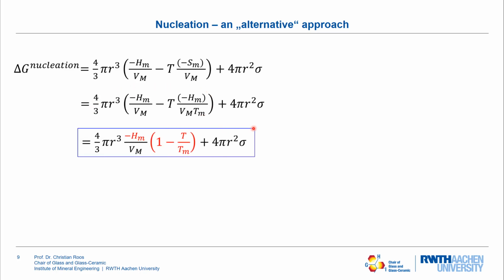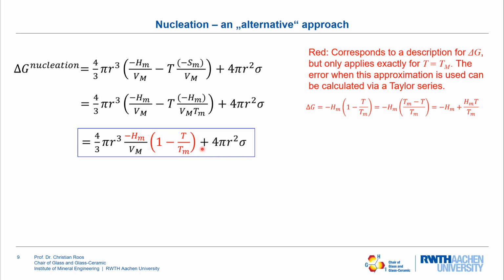And if we have this form, some mathematical transformation gives us finally the volume times the negative melting enthalpy divided by the molar volume times 1 minus the actual temperature divided by the melting temperature, plus the energetical penalty for the curved surface.